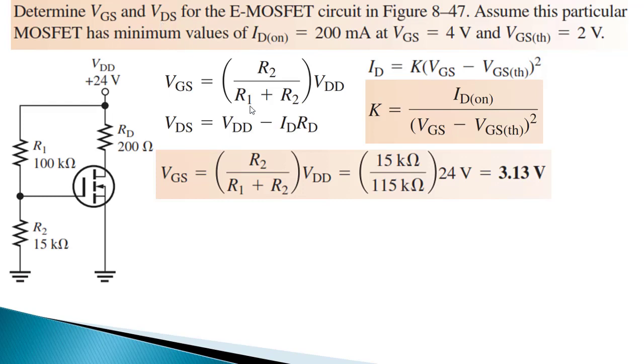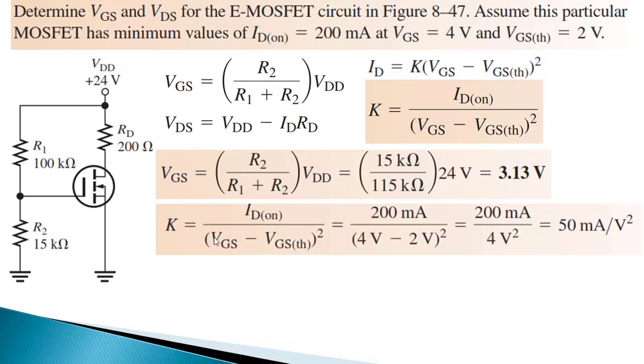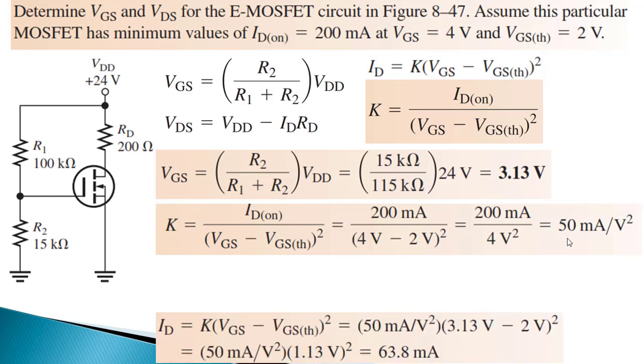Then the next question is VDS. VDS is equal to VDD minus ID into RD. Here ID is not given, so ID is calculated using the formula ID is equal to K into (VGS minus VGS Th) whole square. First we have to calculate the K value: ID on is 200 milliamps divided by (VGS on, 4 volt, minus VGS Th, 2 volt) whole square. Substituting, we get K equal to 50.